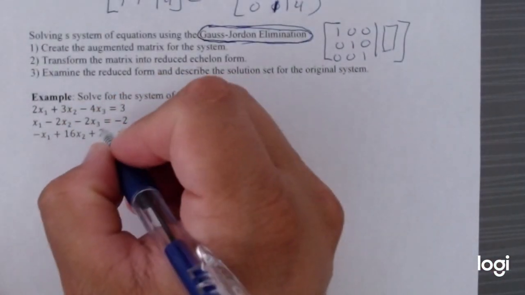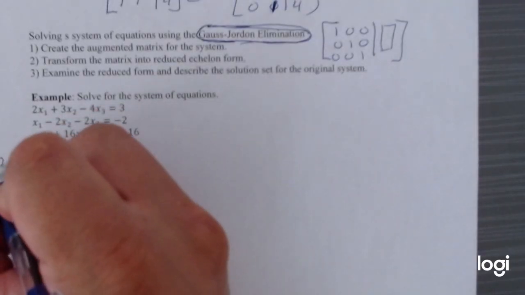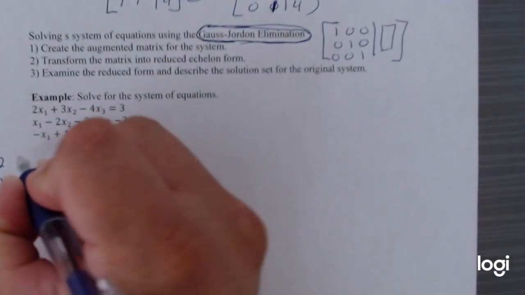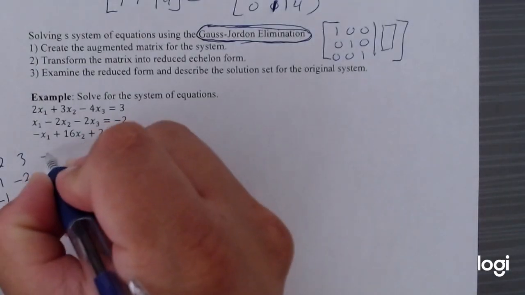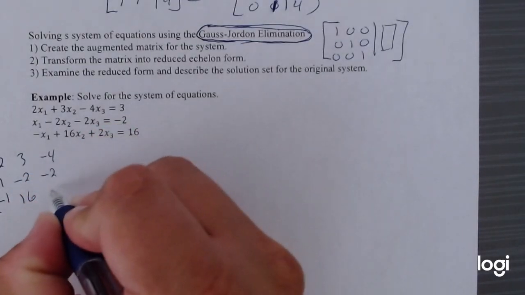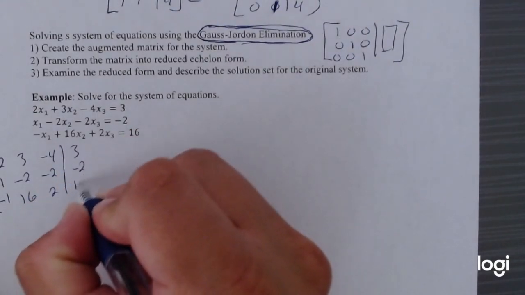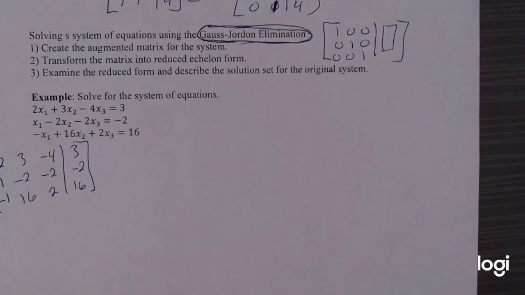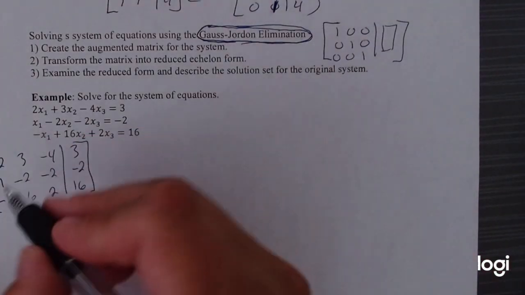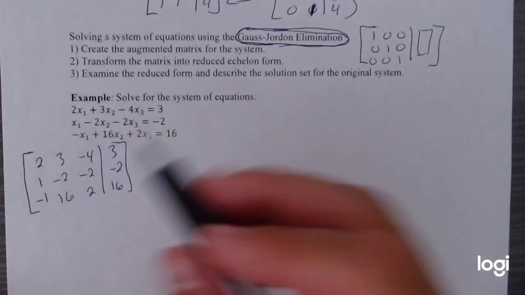Okay, so first convert this to its augmented matrix. Alright, so I have a couple options because I already have a 1 in these places. Okay, so maybe I want to move stuff around.